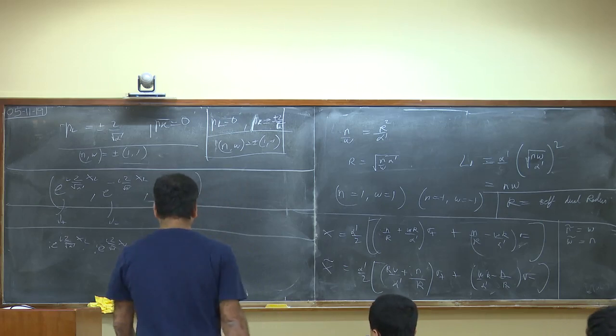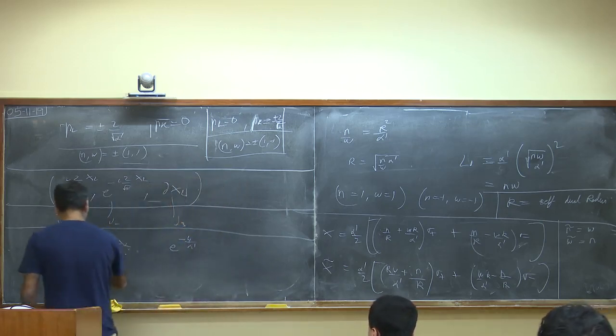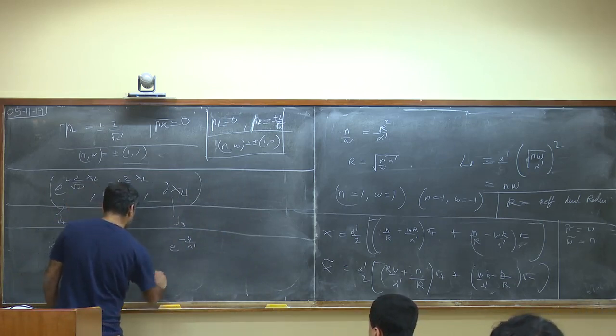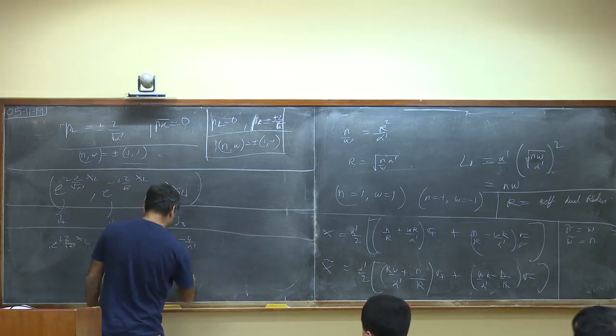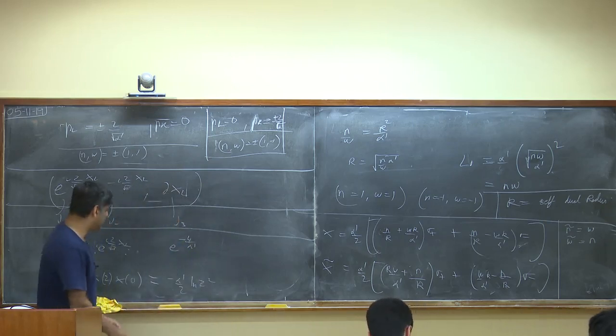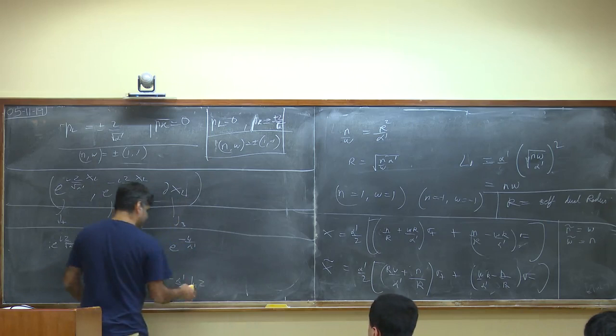Now let us remember that the 2-point function of X of z with X of 0 was equal to minus alpha prime by 2 log of z z bar, yes. And therefore XL with XL is just the z part.